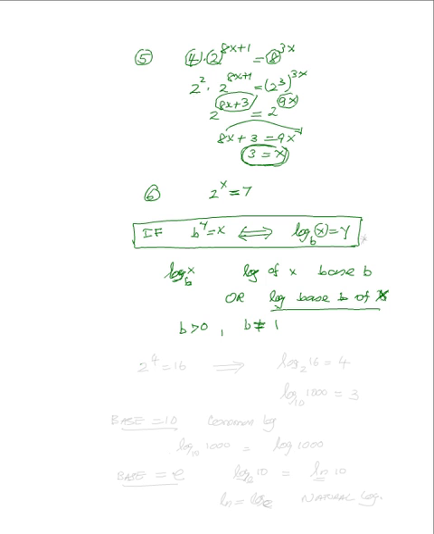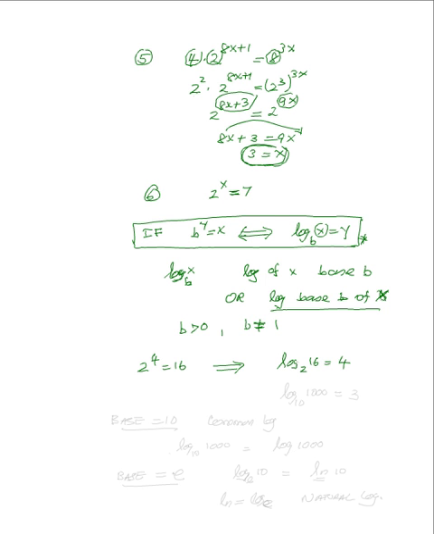Let me write an example. So we all know 2 to the power 4 is 16. Based on this definition, we could write this as log base 2 of 16 is 4. Now if you really look at this expression, the question that we ask is, what exponent of 2 is going to give you 16?